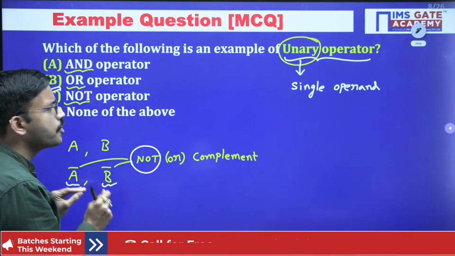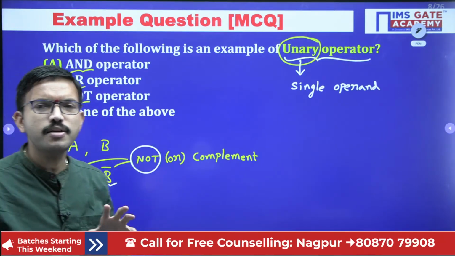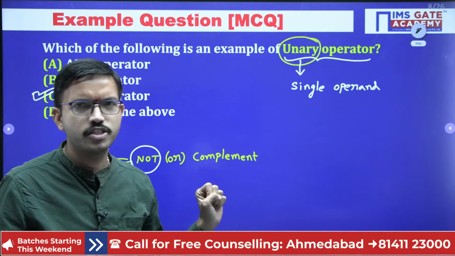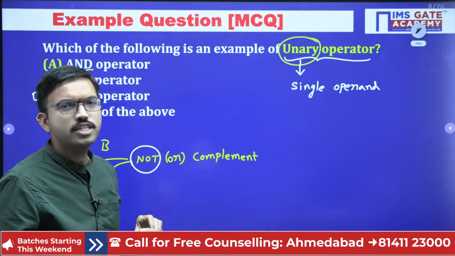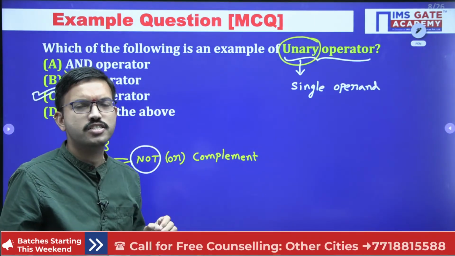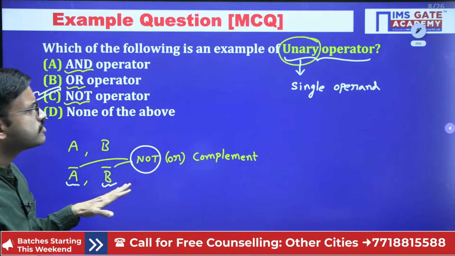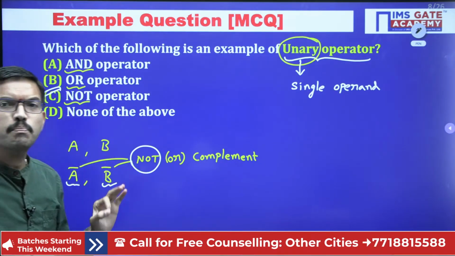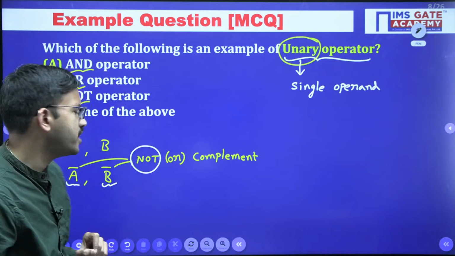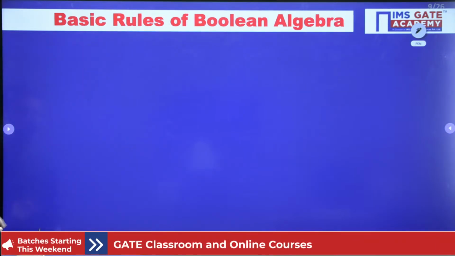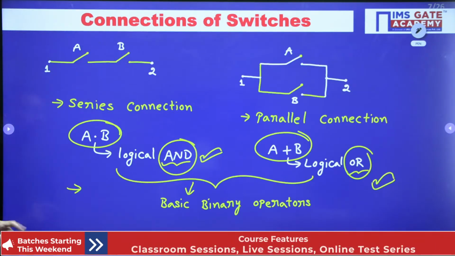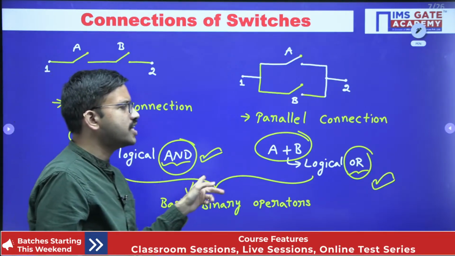Here I hope all of you got a glimpse of Boolean algebra. In this algebra, what kind of operations are we going to perform? As of now, these are the basic binary operators: whenever you have two variables, you can perform either logical AND or logical OR.